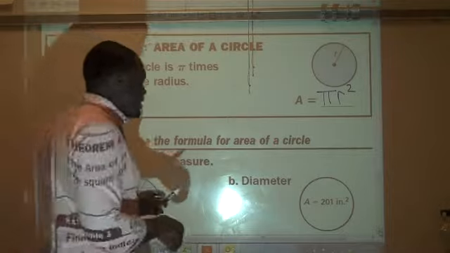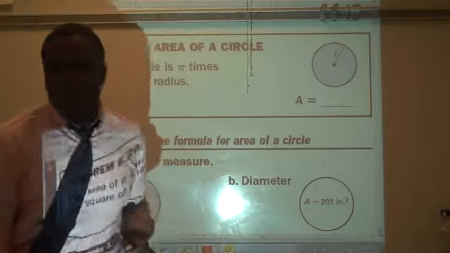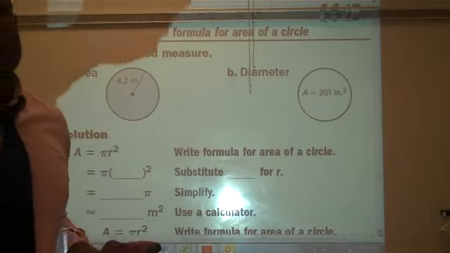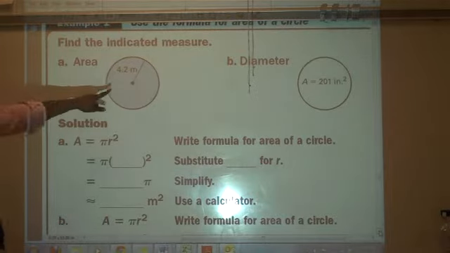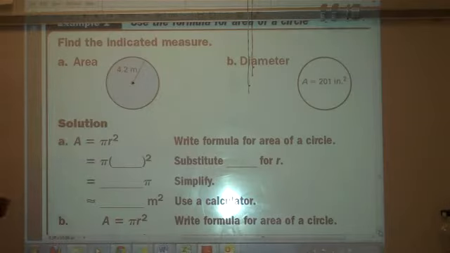So let's go through an example. In example 1, right underneath the theorem 6.20 box, they want us to find the area of this circle. They tell us that the radius is 4.2 meters. We know the formula for an area is pi r squared.